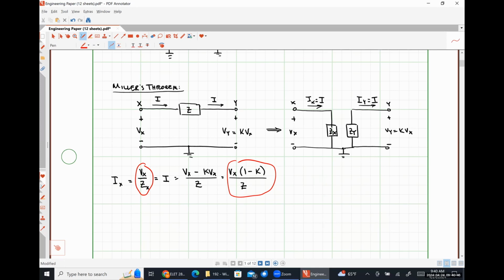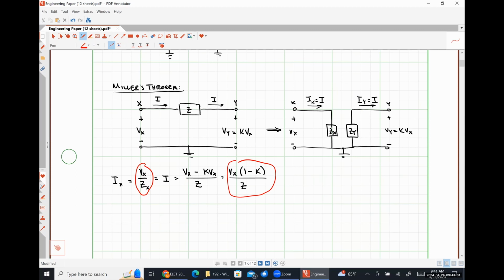Okay? So what I'm going to do is I'm simply just going to put those two things equal to each other and rearrange and solve for whatever Zx has to be in terms of our original impedance, Z.